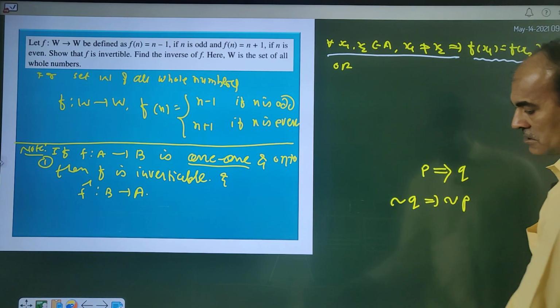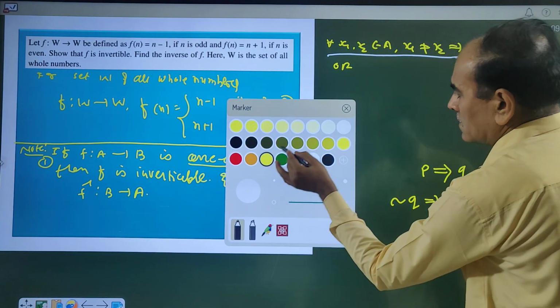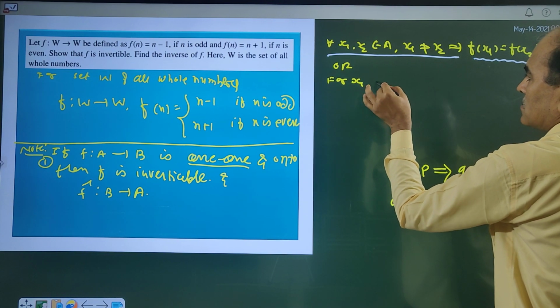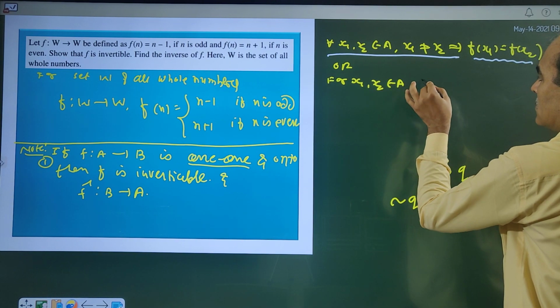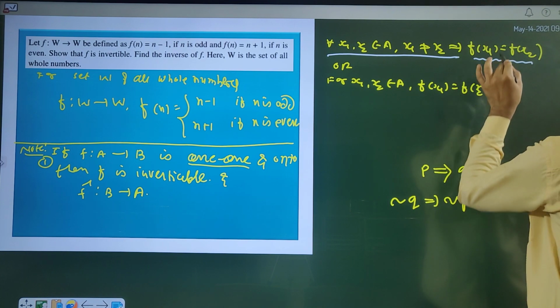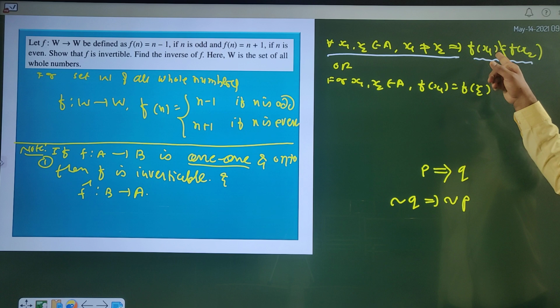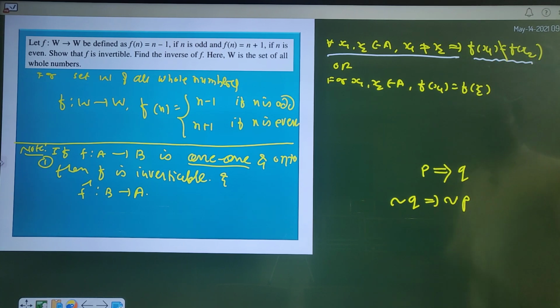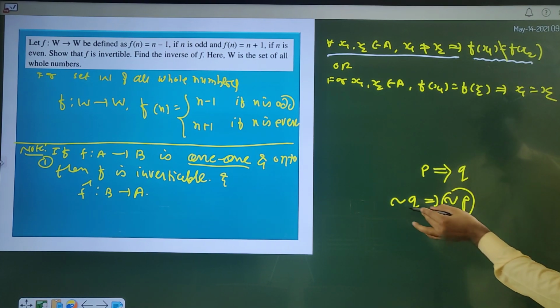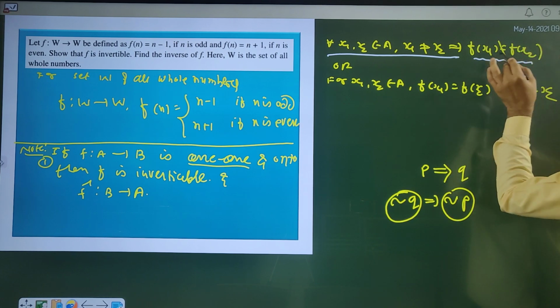So what is the negation? For some x1, x2 belongs to A, f of x1 is equal to f of x2 implies x1 is equal to x2. The negation of f of x1 not equal to f of x2 is this one, and the negation of x1 not equal to x2 is this one.